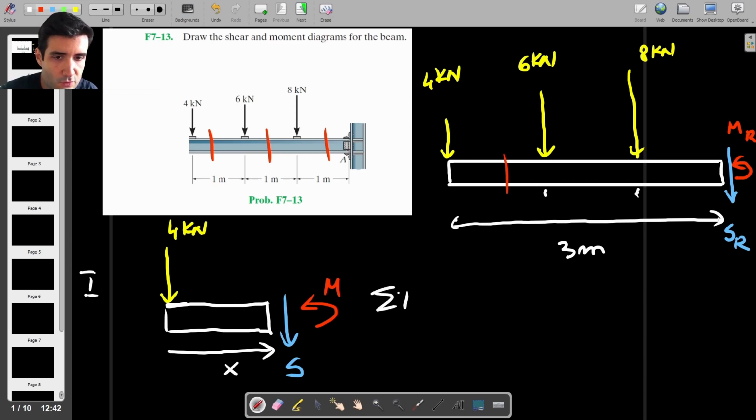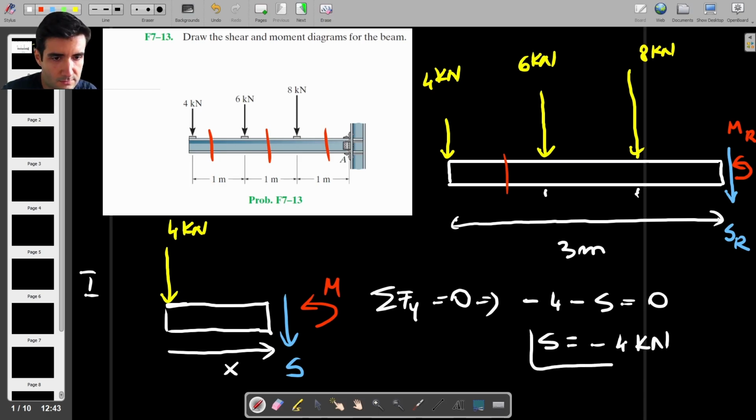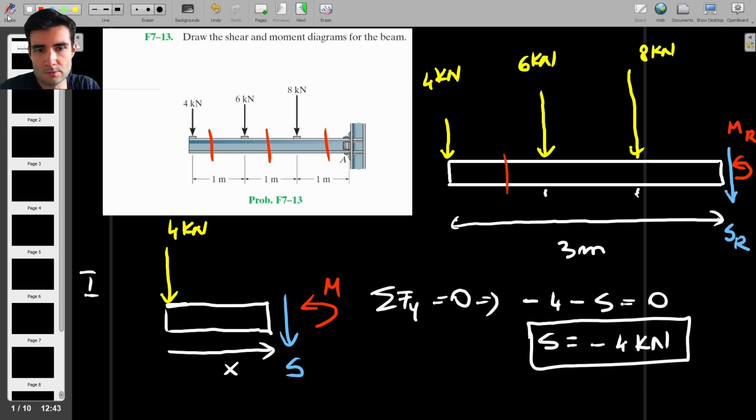So sum of forces in the y direction is going to be equal to 0, which means that we have minus 4 because it's down, and we have minus s because it's also down. So the shear force is going to be minus 4 kilonewtons. And then we do the same thing with bending moment.